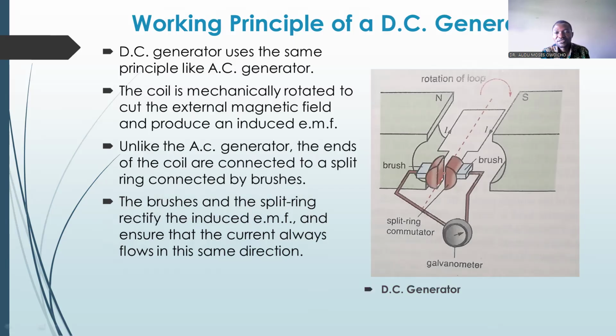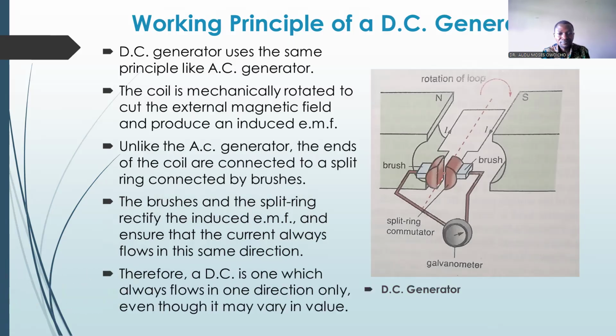So DC is produced by a DC generator, and this is direct current that flows in one direction, while AC is alternating current that varies periodically. In one of our videos, we looked at alternating current circuits, so you can check it to get more information about alternating current. So a DC generator produces a DC current.